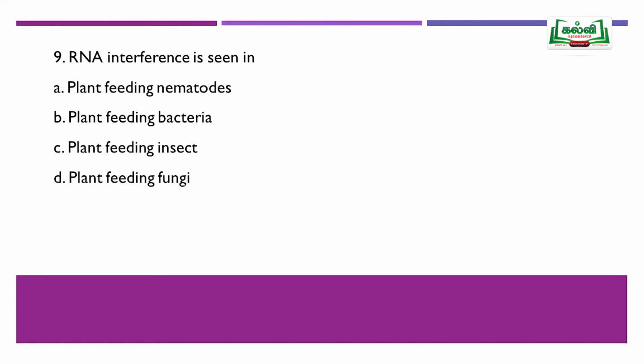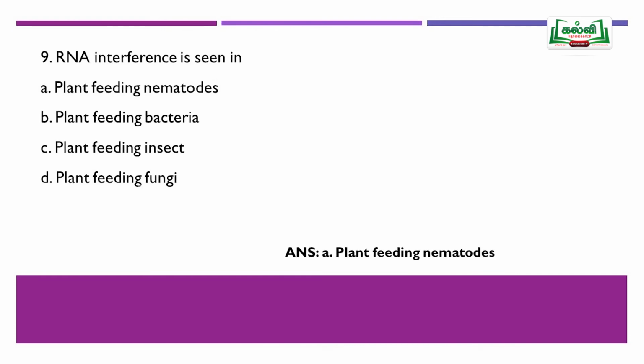The RNA interference: the short double stranded RNA enters into the nematode and finally stops the functional RNA. So, RNA interference will be done. The correct option for this question is plant feeding nematodes, option A.